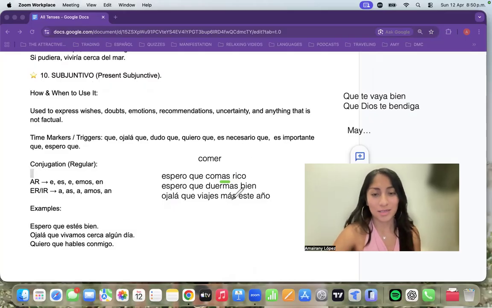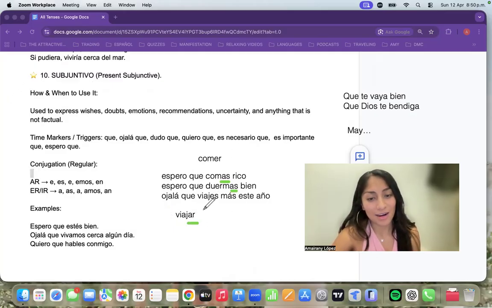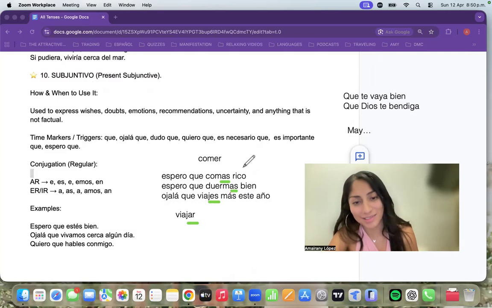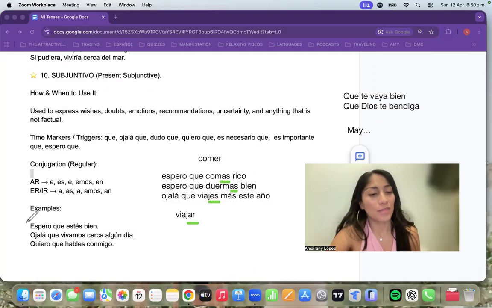So "comas," "duermas." And then we have "viajar," which is to travel, right? And "viajar" ends with "ar." Therefore, this being backwards, this would end with "es." So "viajes."